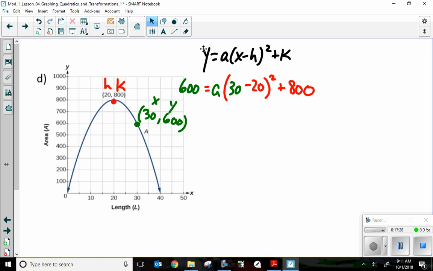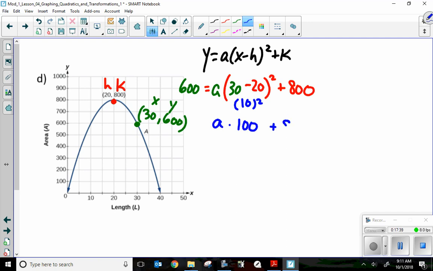Let's do this. 10 is 30 minus 20. I got to square it, it's 100. Times A plus 800 equals 600. All right? Now, I'm going to rewrite this. 600 equals these two multiplying, and I get 100A plus 800.